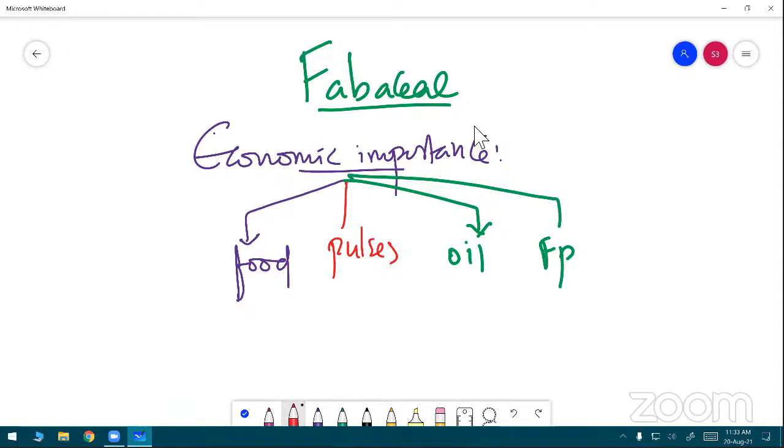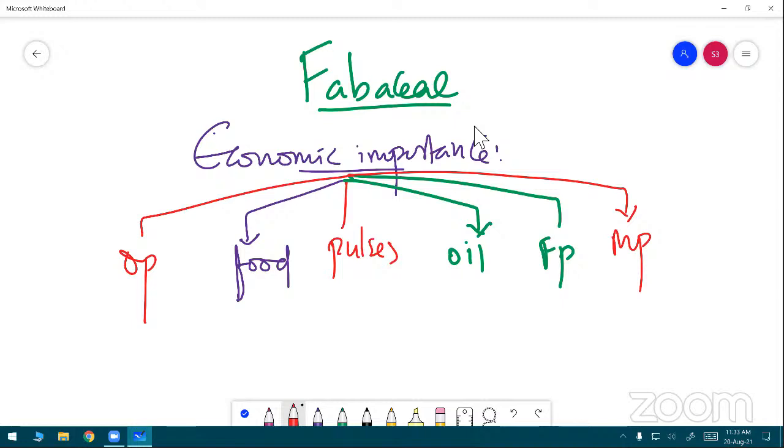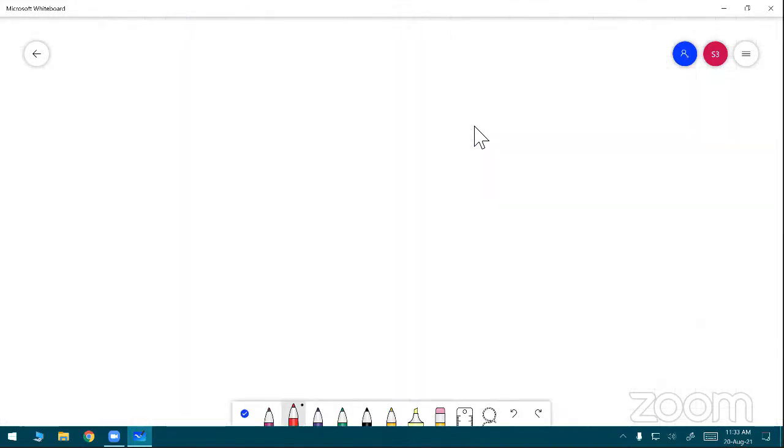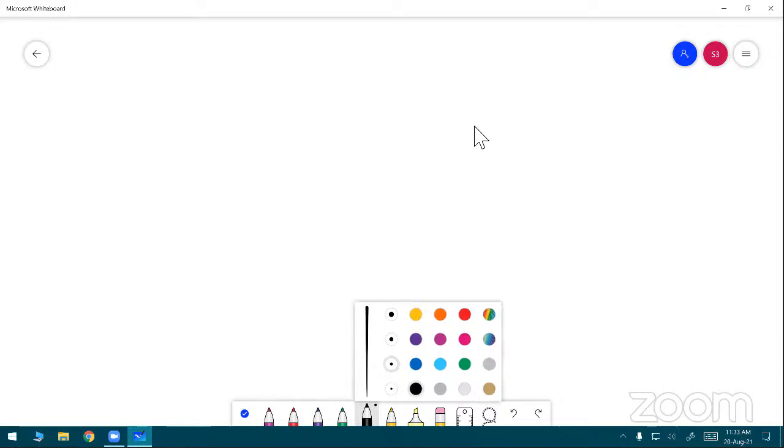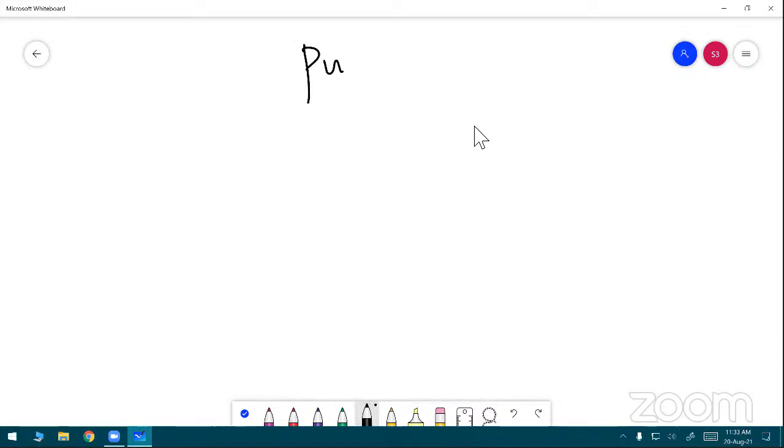One more category is medicinal plants, and next, ornamental plants. So we are going to discuss many categories. First of all, let me take pulses.